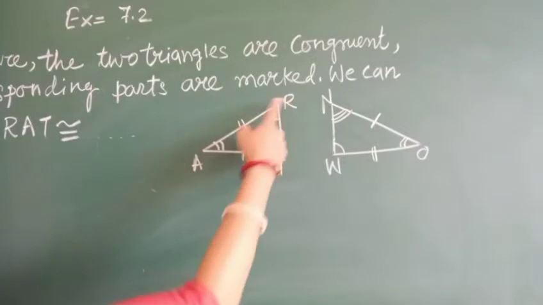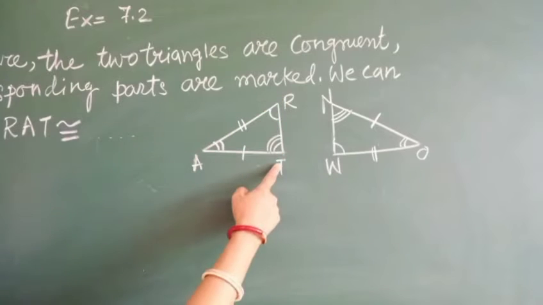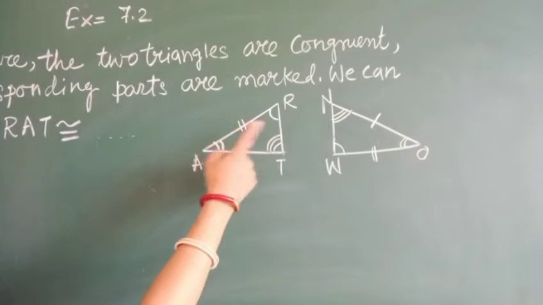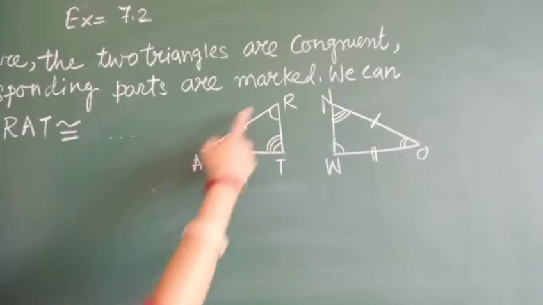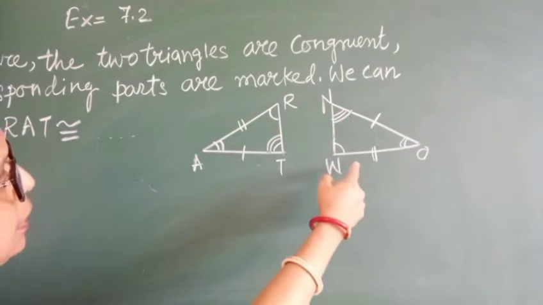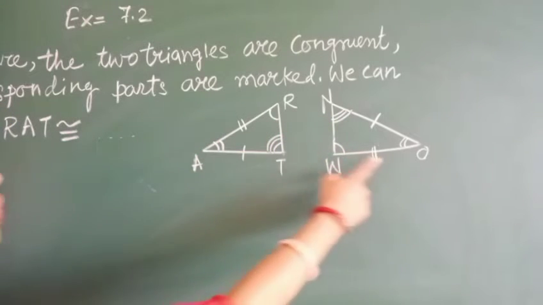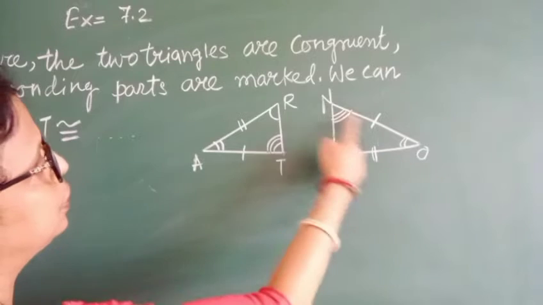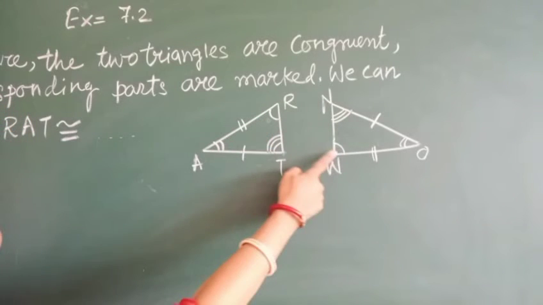Look at the triangle RAT. By the sign you can understand that angle R in triangle RAT and angle O in triangle WOA are the same.